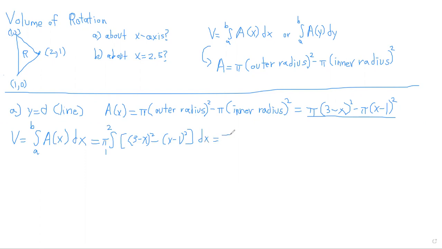Which is equal to pi, integral from 1 to 2 of x squared minus 6x plus 9, minus x squared plus 2x minus 1.